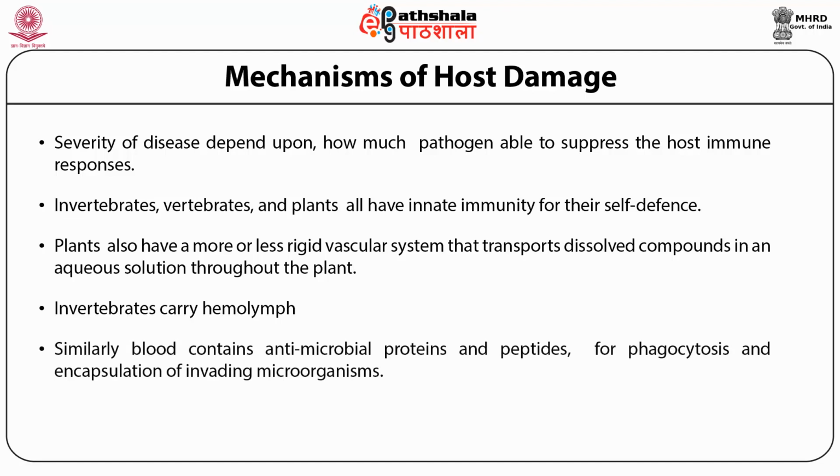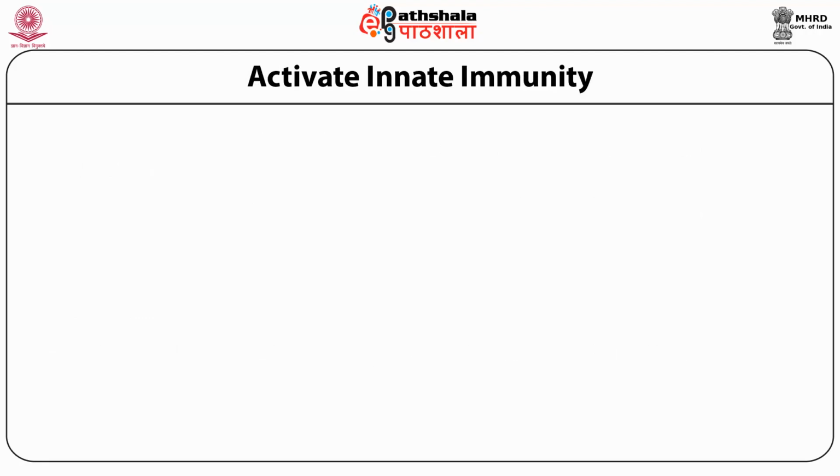Like human blood, hemolymph also contains antimicrobial proteins and peptides. They contain circulating cells like plasmatocytes and granulocytes, which are capable of phagocytosis and encapsulation of invading microorganisms.